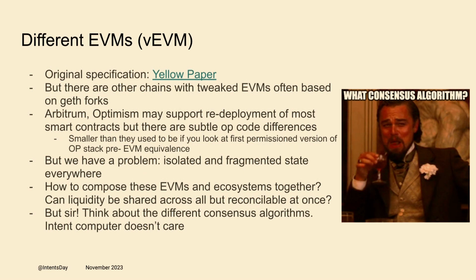But we want to change that here with the intent computer and allow people to use the value of their assets in a multi-domain context, but without moving the assets, which is key. The intent computer doesn't care about any particular consensus algorithm running on a chain or a rollup.